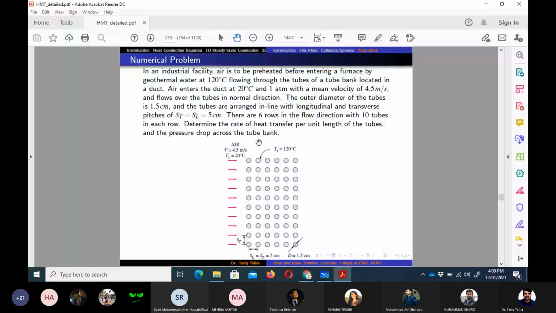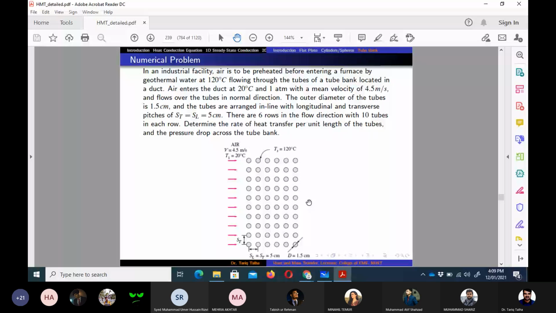So we need to determine the rate of heat transfer and the pressure drop across the tube bank. The highest pressure of air would be here, then because of pressure drag and friction drag, there would be a drag force which would make the pressure a little bit less when it comes away from this tube bank.